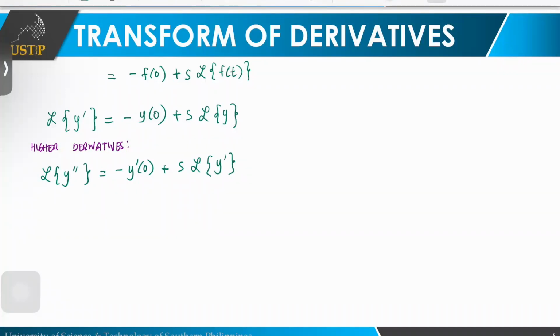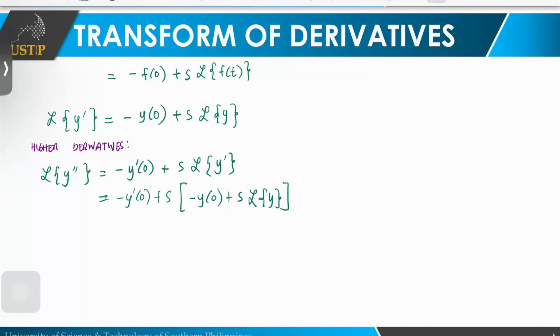Okay? So, Laplace of y prime is equal to this. Okay? So, substituting that, we get negative y prime of 0 plus s, okay, times negative y of 0 plus s Laplace of y.